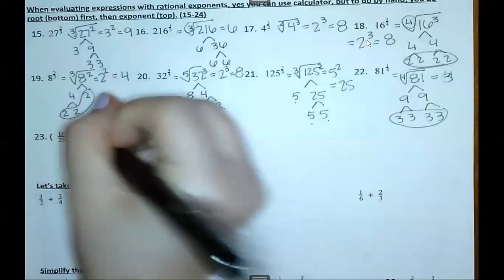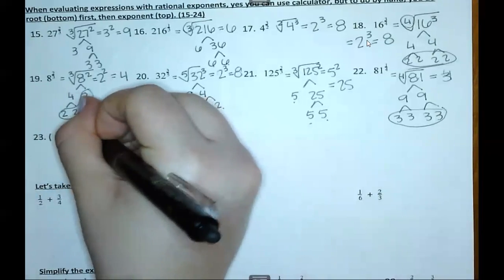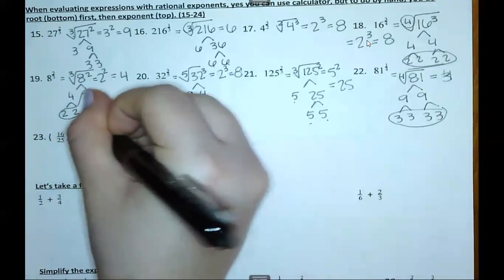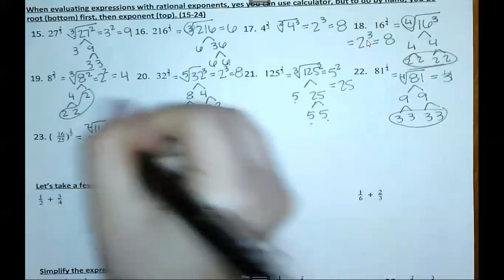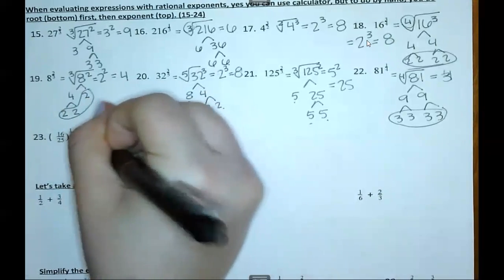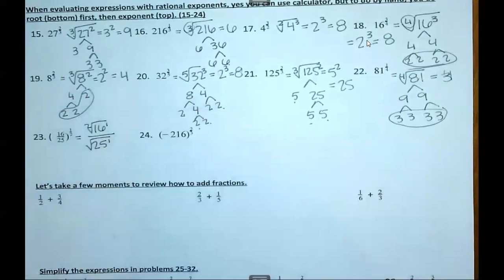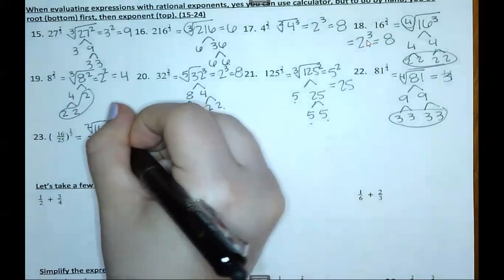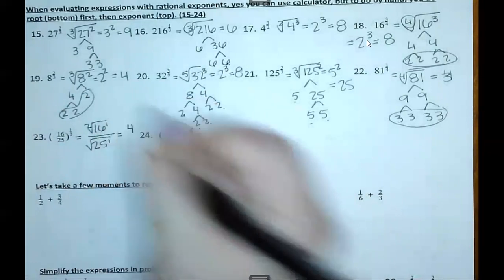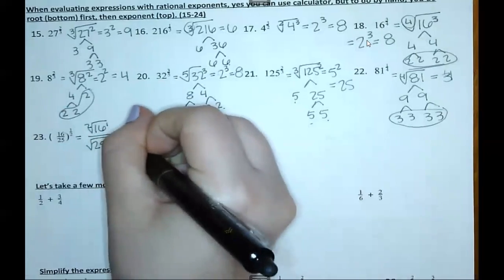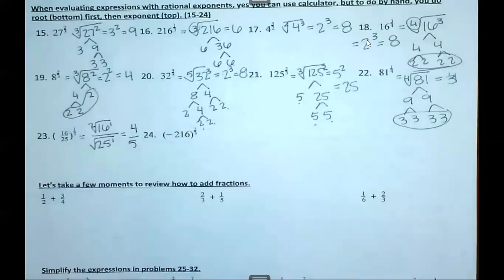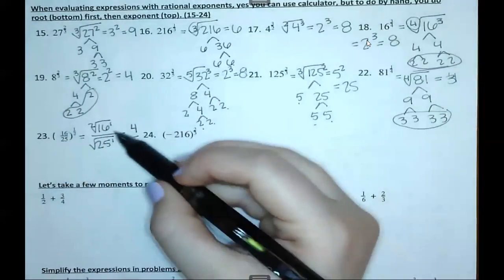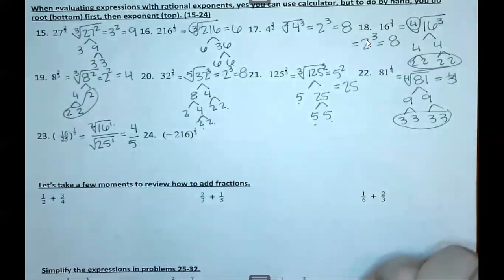So I would have the square root of 16 to the 1st power, over the square root of 25 to the 1st power. And we should know that the square root of 16 is 4, and the square root of 25 is 5. And there's my final answer. I do not have to put the 1st powers.